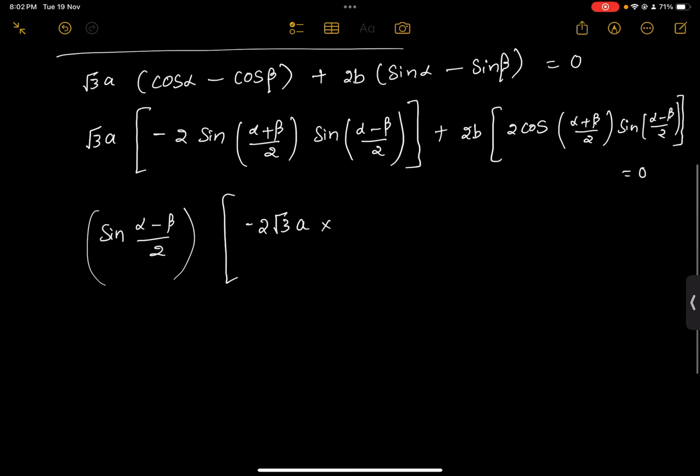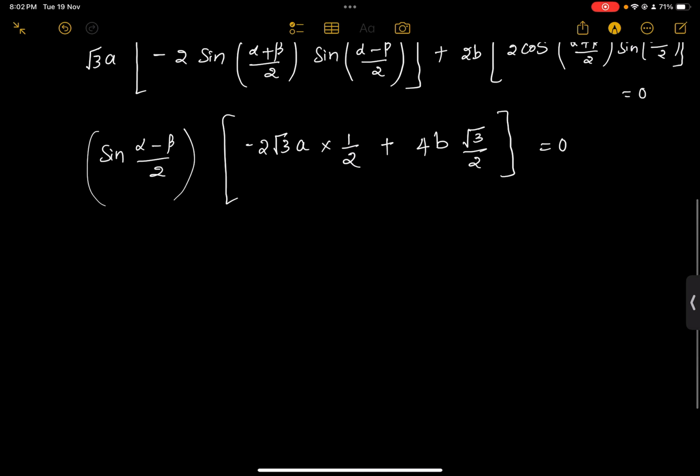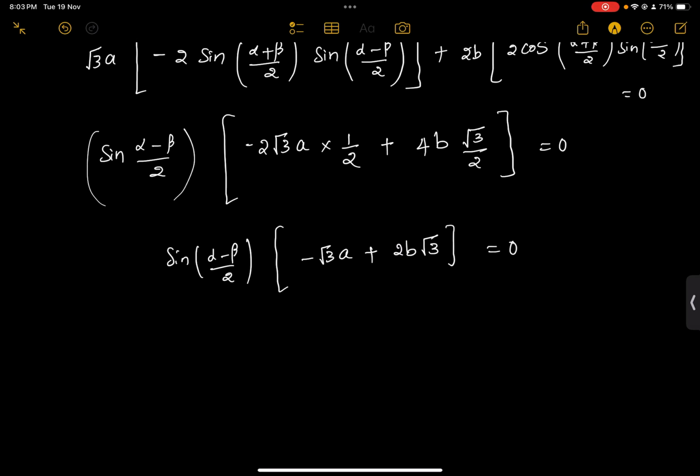So alpha plus beta by 2 is pi by 6, and sin pi by 6 is half, plus 4b, and similarly cos pi by 6 is root 3 by 2. This is equal to 0. Sin (alpha minus beta by 2) times (minus root 3a plus 2b root 3) is equal to 0.